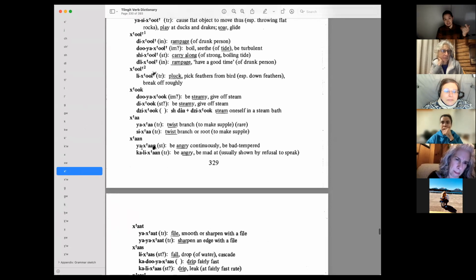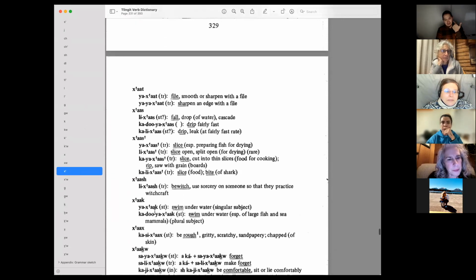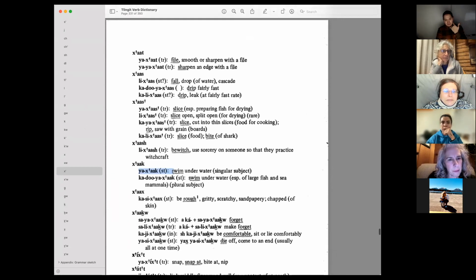And then as far as goes N, T, S, SH, K, swim underwater, singular subject. We have the zero classifier, ak. This is how a fish swims. A person can swim like this as well, I think, but they're swimming underwater. It's really what it's saying, like going completely underwater and swimming.